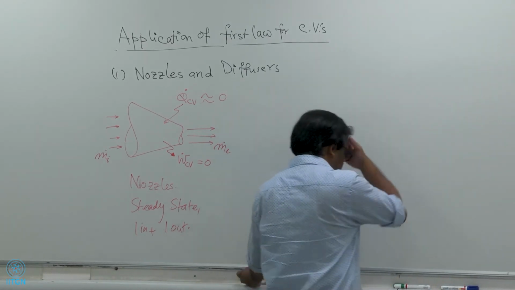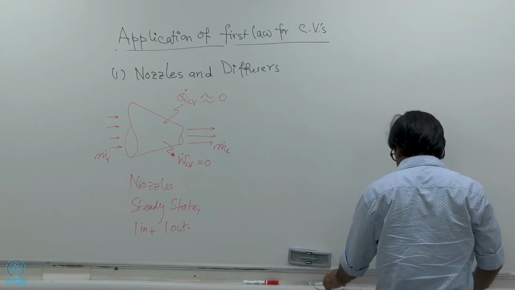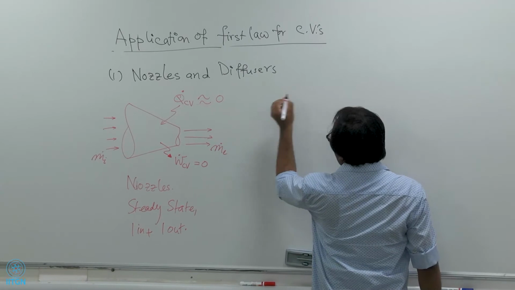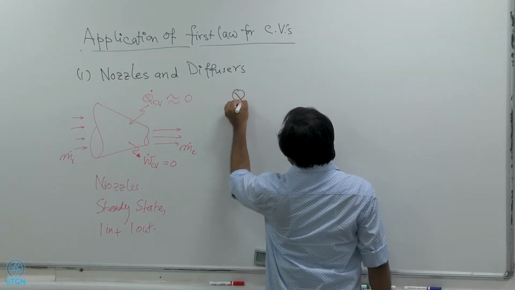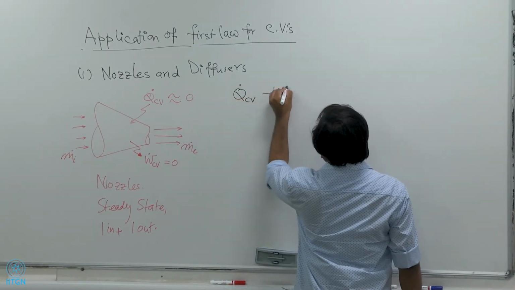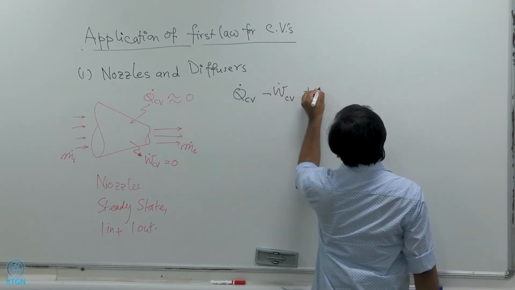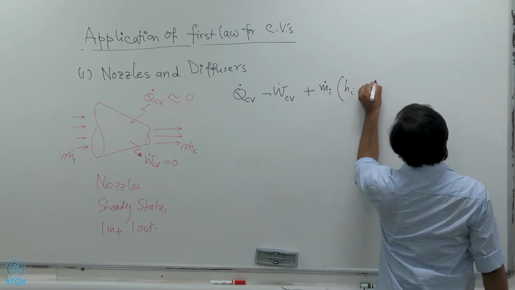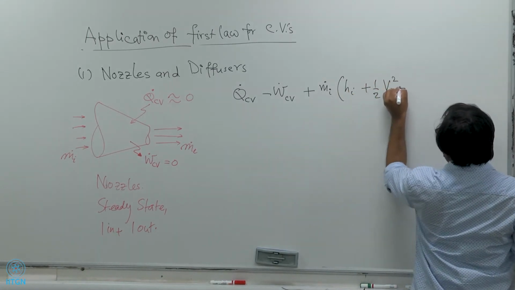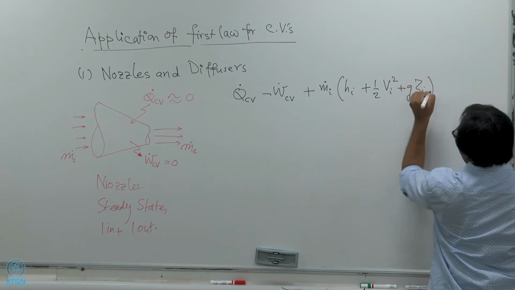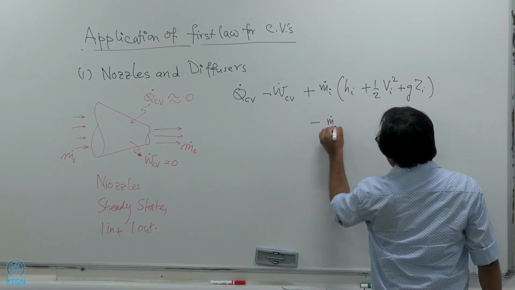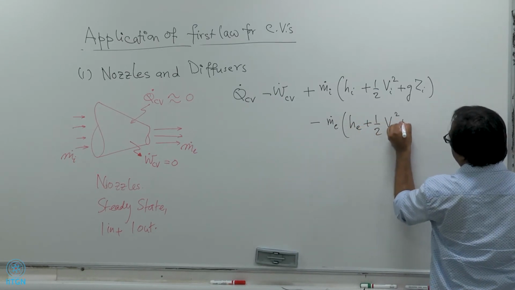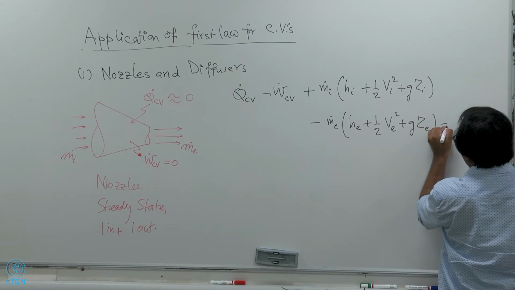So, then let us write the first law and see what happens. Let me rewrite it. For nozzles we can write Q dot CV minus W dot CV plus m dot I times (Hi plus half Vi square plus g zi) minus m dot E times (He plus half Ve square plus g ze) equal to 0.